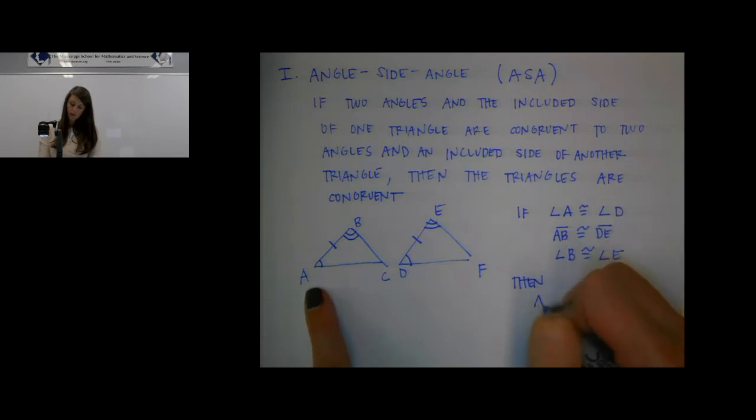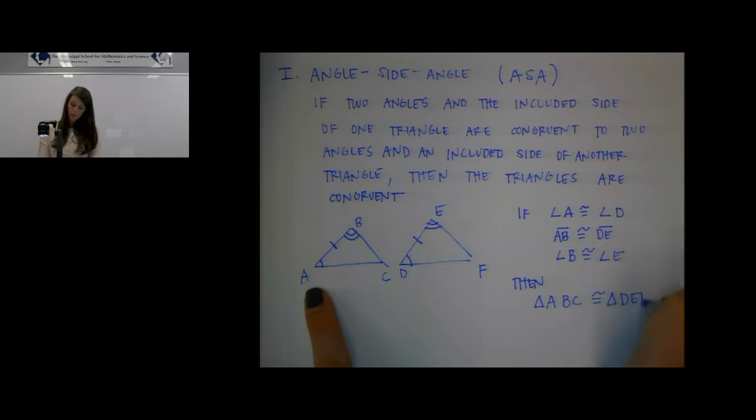So then triangle ABC is congruent to triangle DEF. Okay?